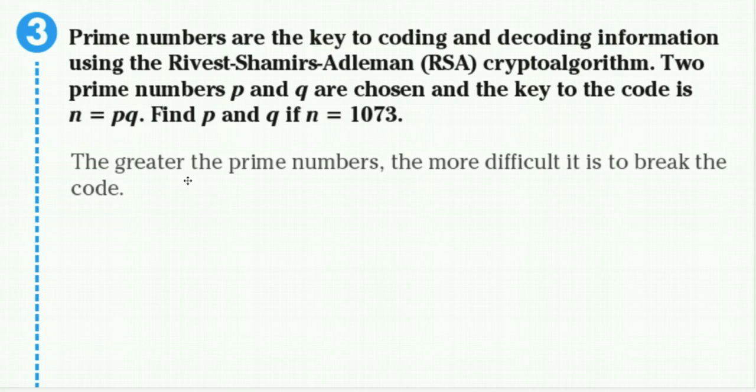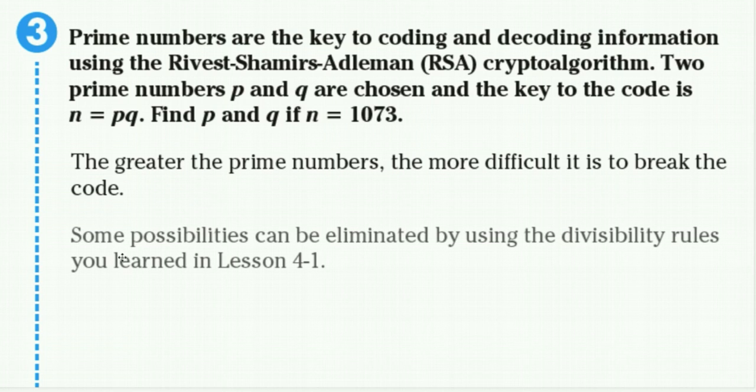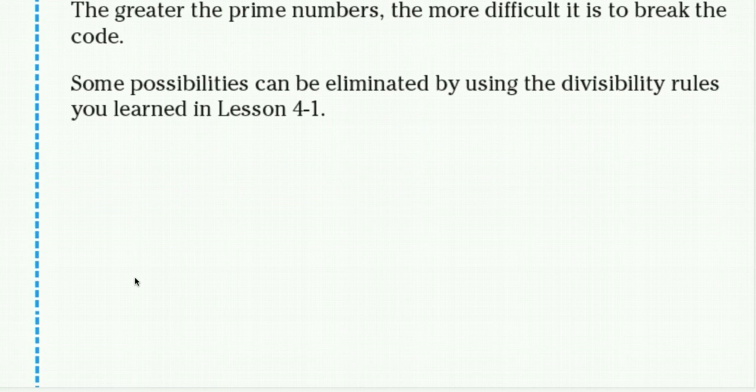First and foremost, the greater the prime numbers, the more difficult it is to break this particular code. Some possibilities can be eliminated by using the divisibility rules that we learned in lesson 4-1.